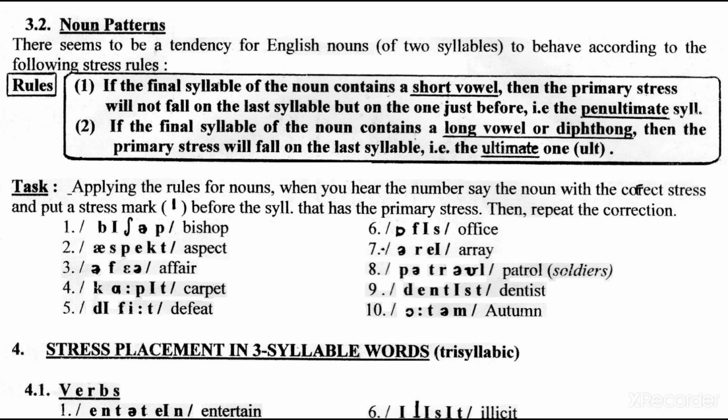The first noun is bishop. Directly we look to the last syllable, we look to the peak. What do we have here? We have a schwa. It means stress on the penult. That's why we say bishop, on B. So which rule? It's rule 2A, because we have a short vowel.